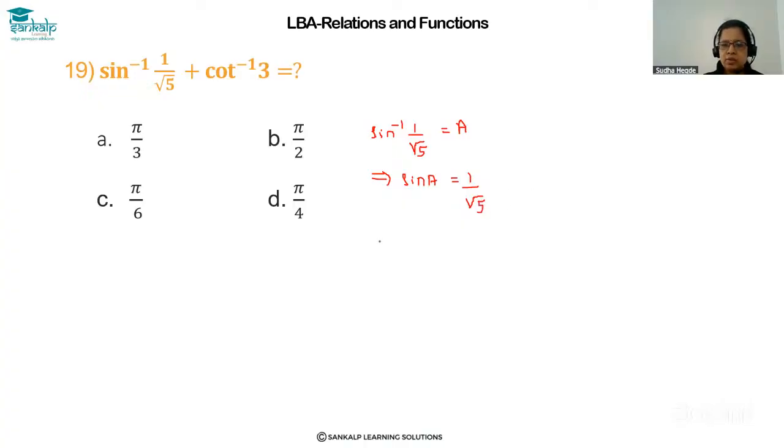Okay, convert that to cos. Cos A is equal to, how can you write?